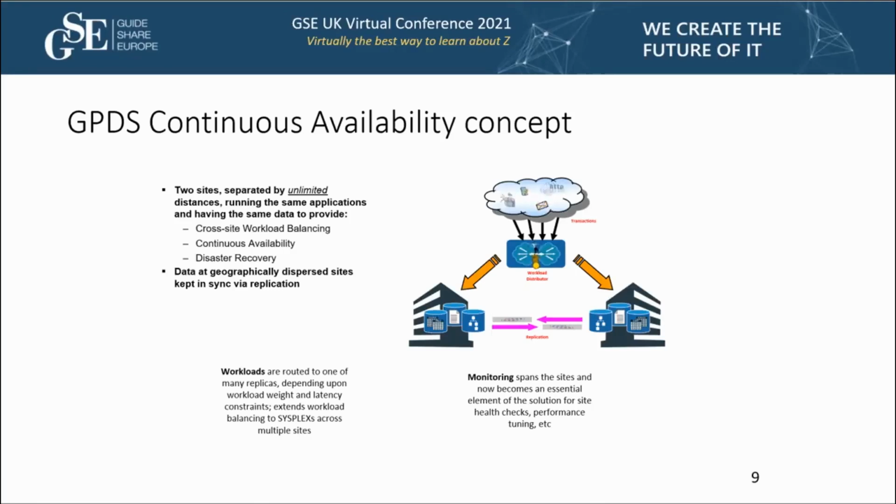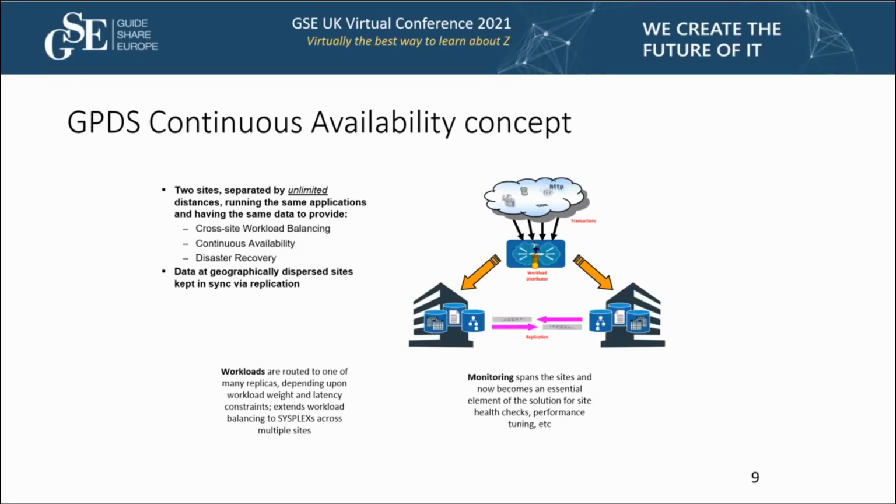And the solution needed to be able to provide cross-site workload balancing to route work to one site or the other. So this approach allows leveraging the existing infrastructure on both sites and provides continuous availability. And this continuous availability, unlike GDPS Metro, is at unlimited distance.